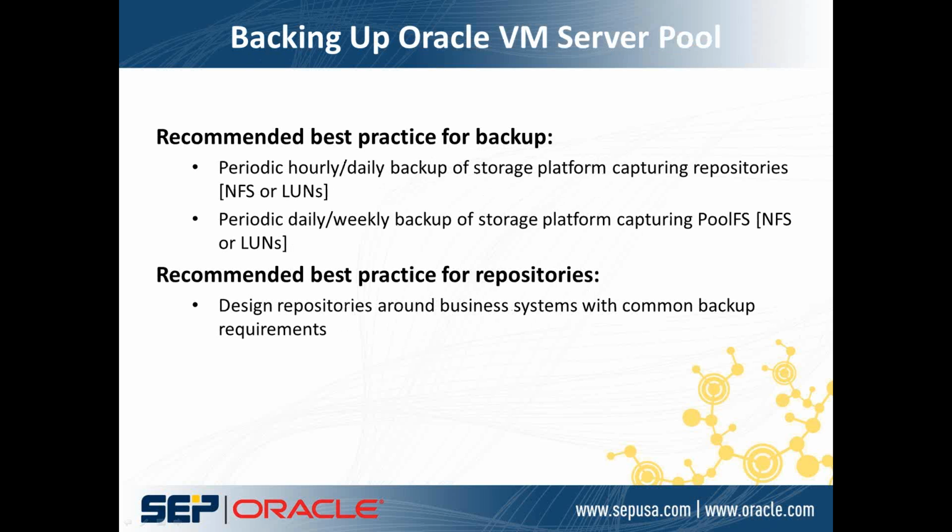Now we're going to talk about the server pool. The server pool is your cluster, right? And something I need to mention about both the servers and the server pool: the server pool is a pool file system. It's a shared file system that all of the servers in a pool see. And there are actually 3 different databases, and we're going to talk about the main one that everybody sees and thinks about.